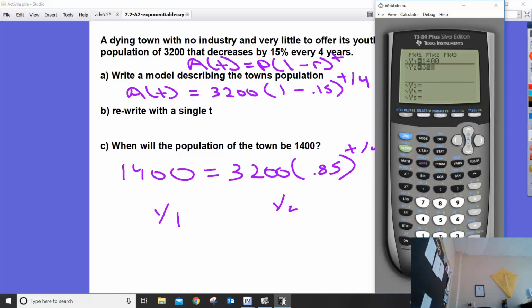Now, some of y'all's calculators are going to require parentheses on that T over 4. If it doesn't throw in the exponential space, you have to use parentheses.